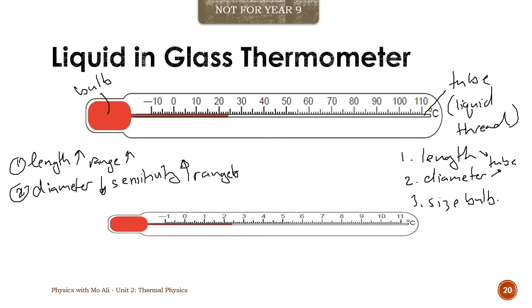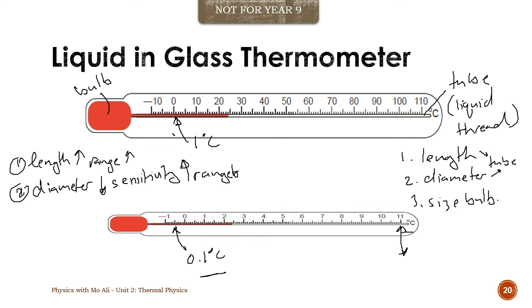I'm sorry, the pen blacked out for a second. Each division here on the thermometer scale is worth 0.1 degrees Celsius, whereas each division here is worth 1 degree Celsius. So it's more sensitive because you made it thinner. But because you made it thinner, the maximum temperature you can now reach is lower.